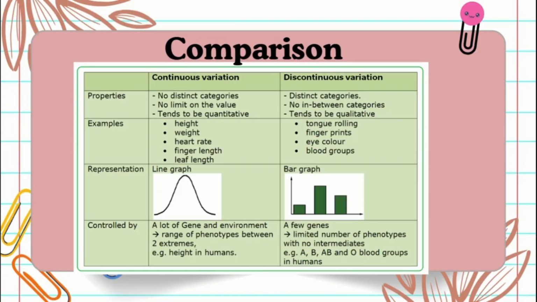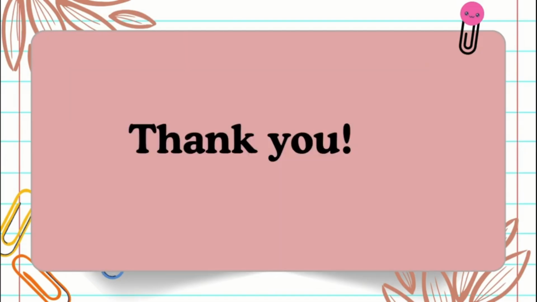Either you have blue eyes or you have black eyes. With blood groups, you have to fall into one of the categories. Versus with continuous variation, you don't have to fall completely into a category. For example, weight can be 150, 150.5, maybe 150.6, you can be in between. And then the graphs are represented very differently, with continuous variation showing a bell curve, while discontinuous variation shows clear, distinct categories.